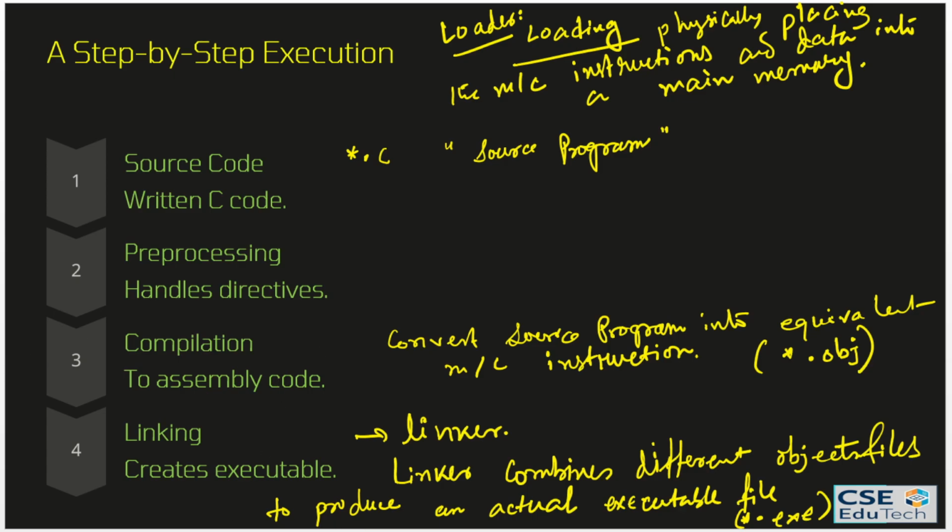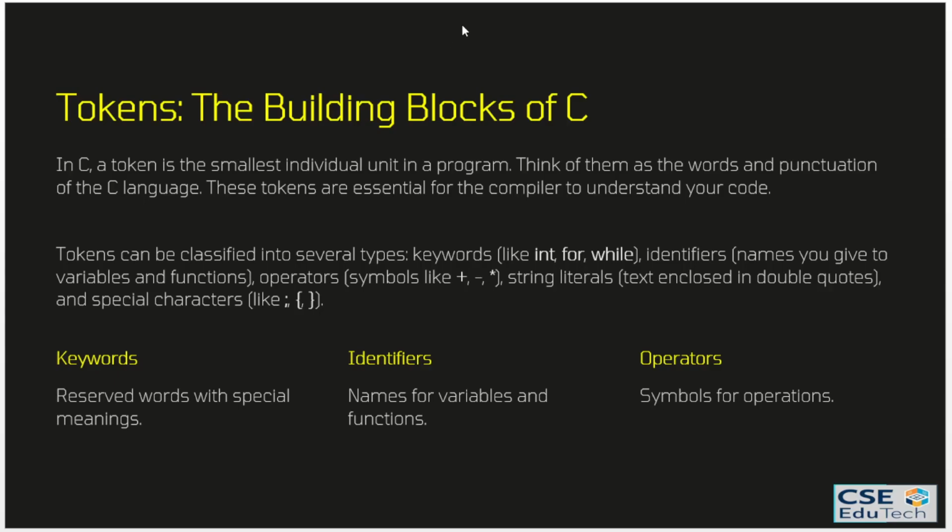Now come to the point: what is a token? In a C program, a token means the smallest individual unit in a program.